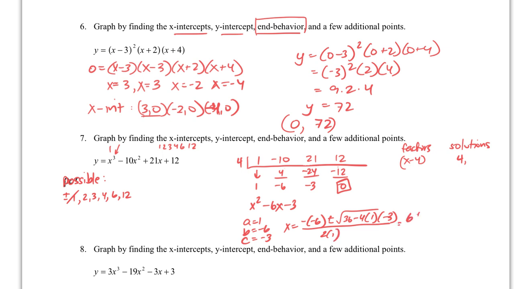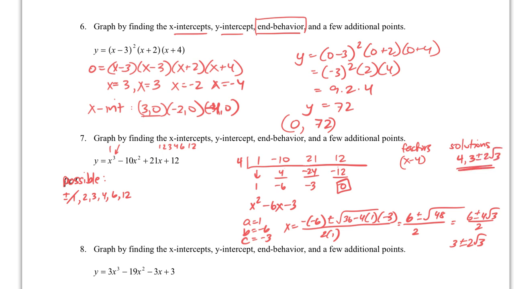That's 6 plus or minus the square root of 36 plus 12, so that's 48, and then I get 2, and I can simplify this a little bit. 6 plus or minus 4 radical 3 all over 2, and when I simplify that, it's 3 plus or minus 2 radical 3. So my other two solutions are 3 plus or minus 2 radical 3.